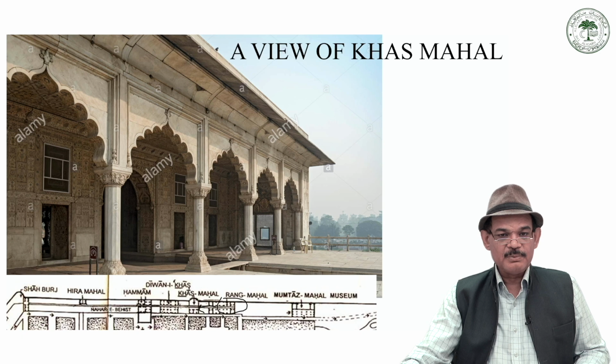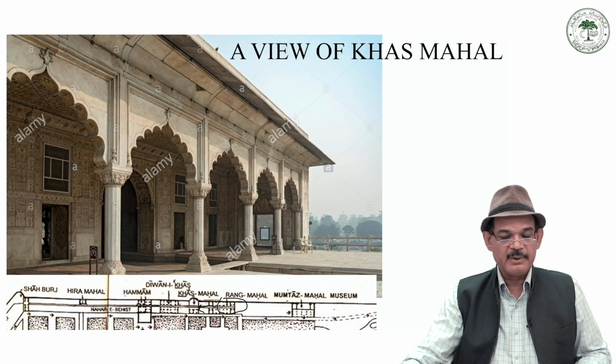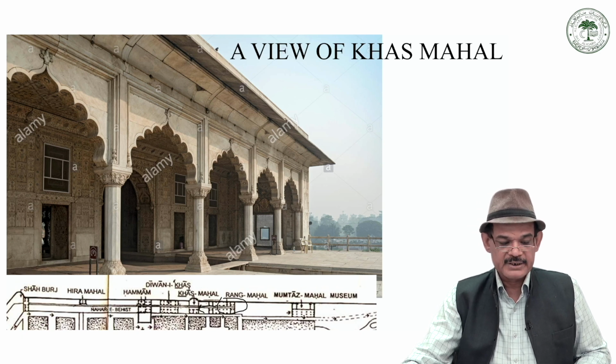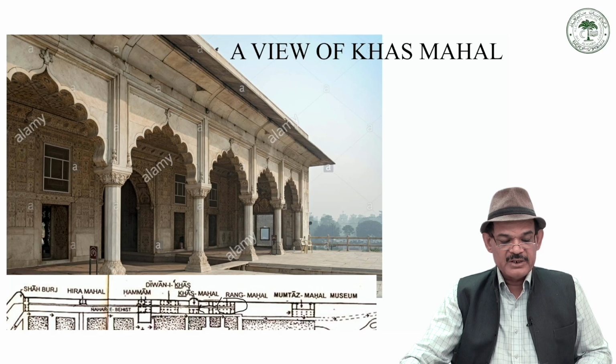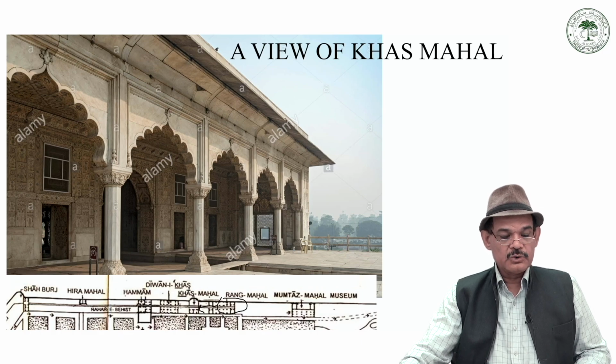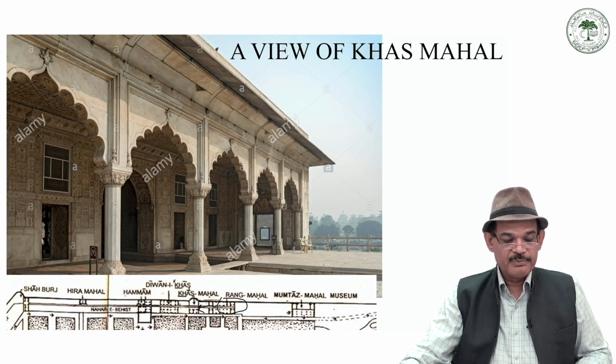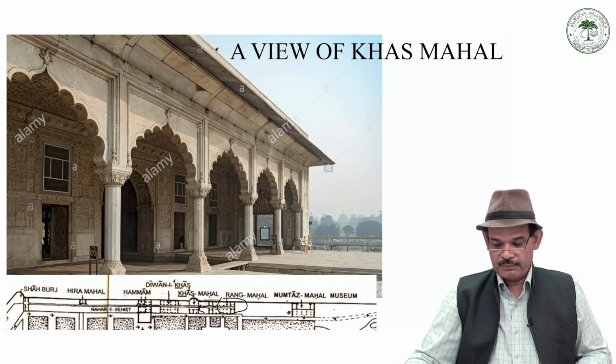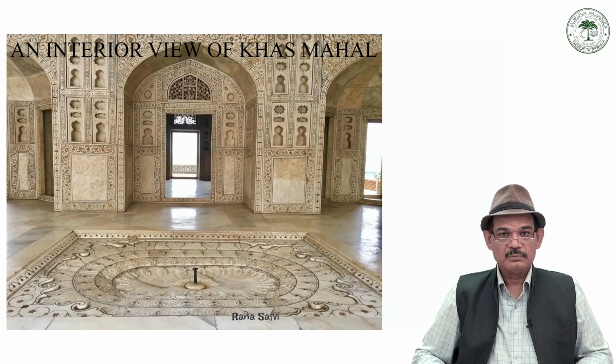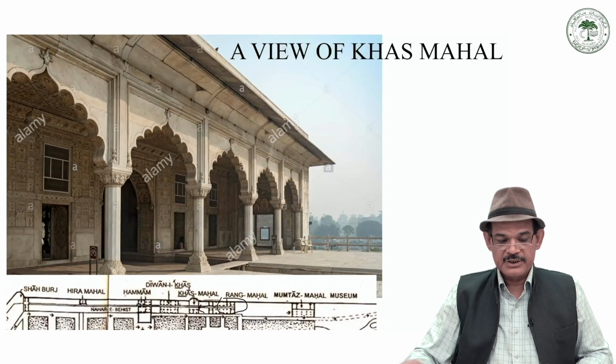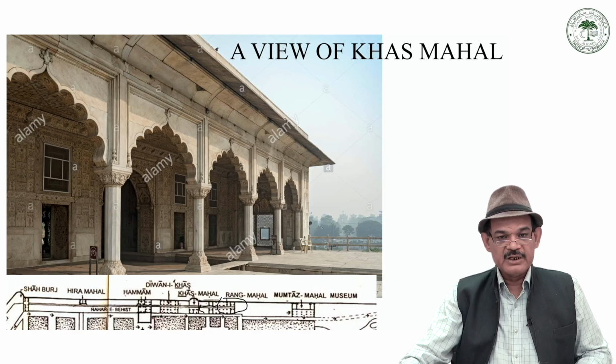These Khas Mahal, in other words, we can say, can be divided into four components. The first component is known as Tashvi Khana. Tashvi Khana is a set of three rooms, and these three rooms are facing towards the Diwan-e-Khas.